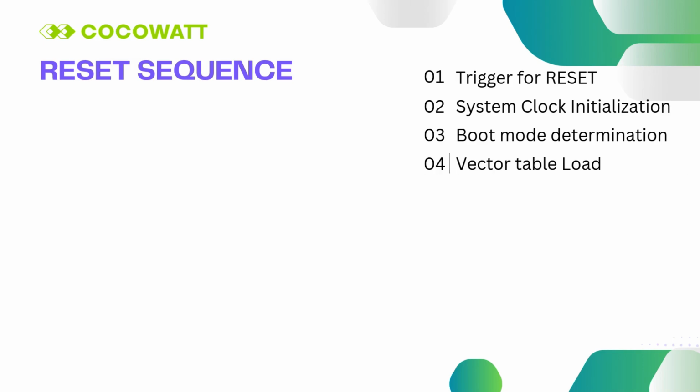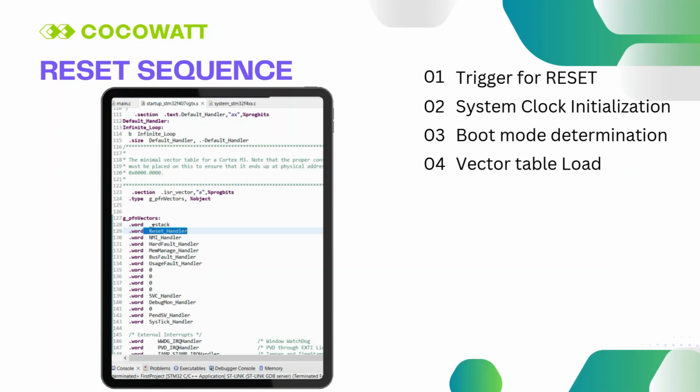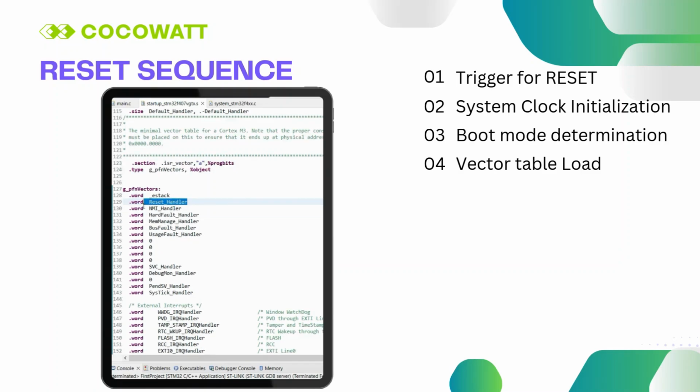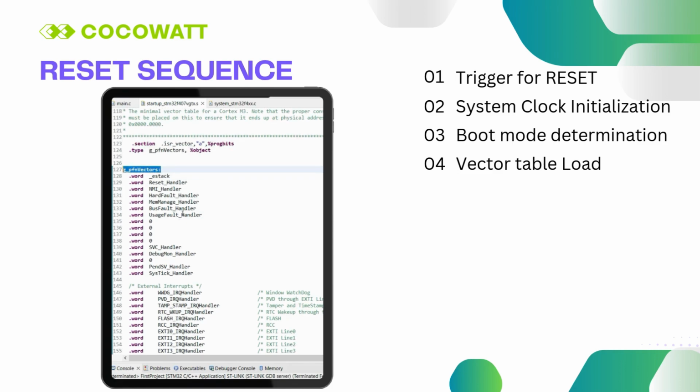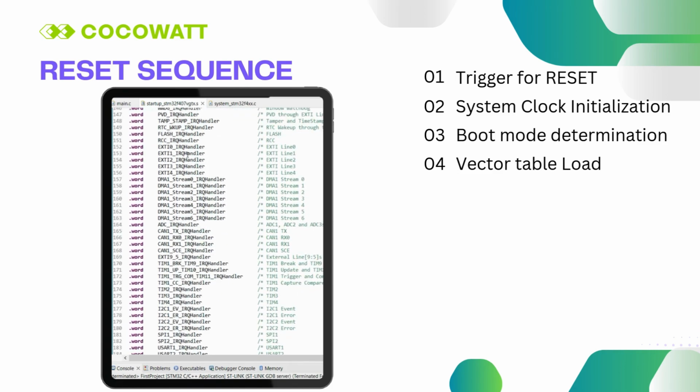So what is a vector table? It is a table stored in memory that holds addresses of exceptions and interrupt handlers. The first entry in this table is initial stack pointer value. The second entry is reset handler, which is the address of a reset handler which executes startup script.